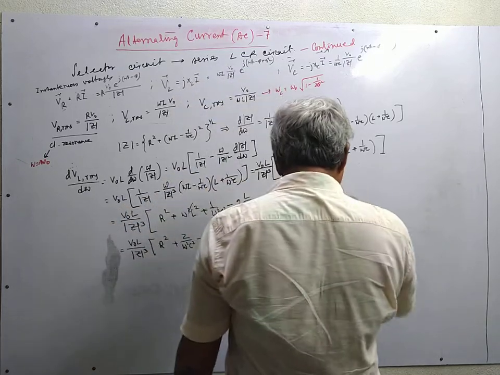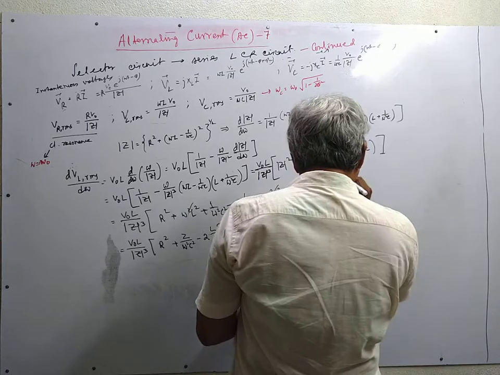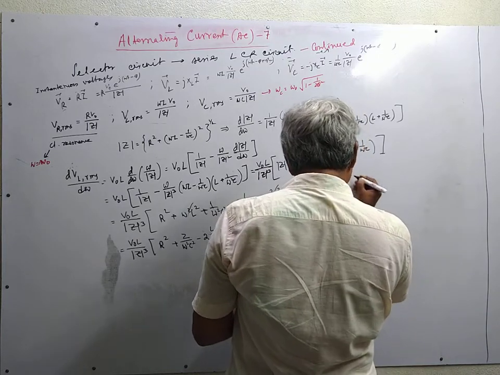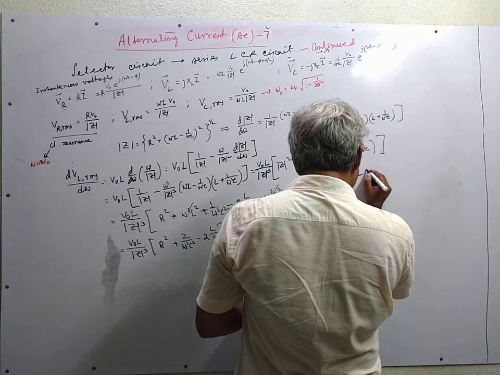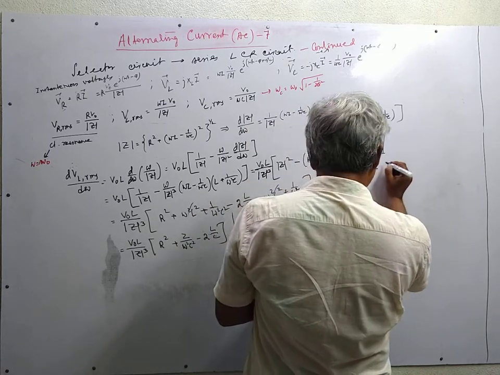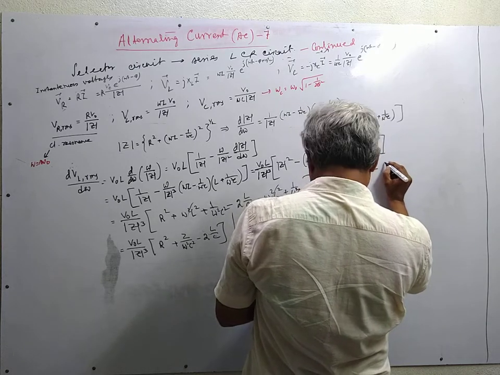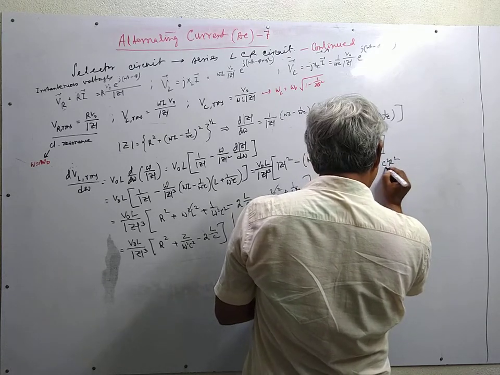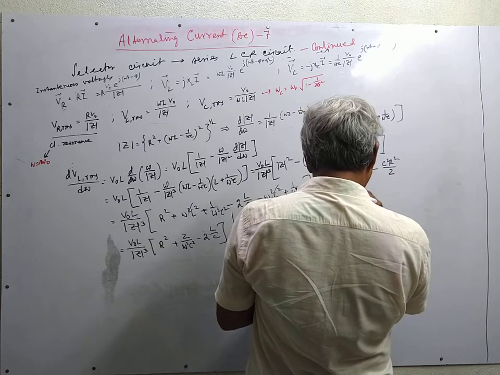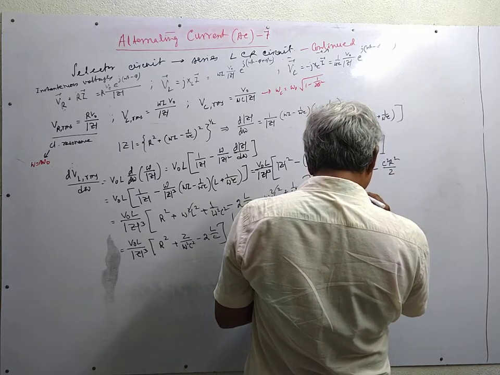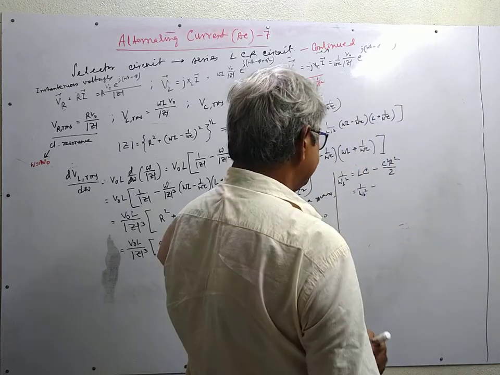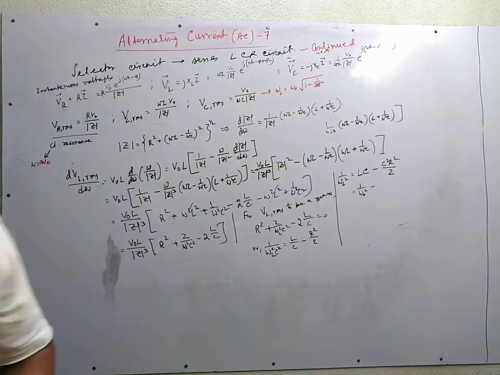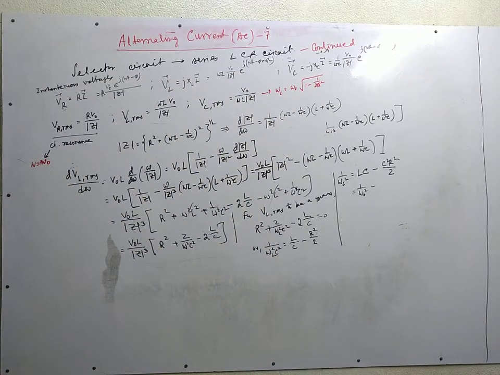Or we write R square by 2. Further, 1 upon omega L square, we multiply by, so this is LC minus C square R square by 2. This is 1 by omega 0 square and C square R square.